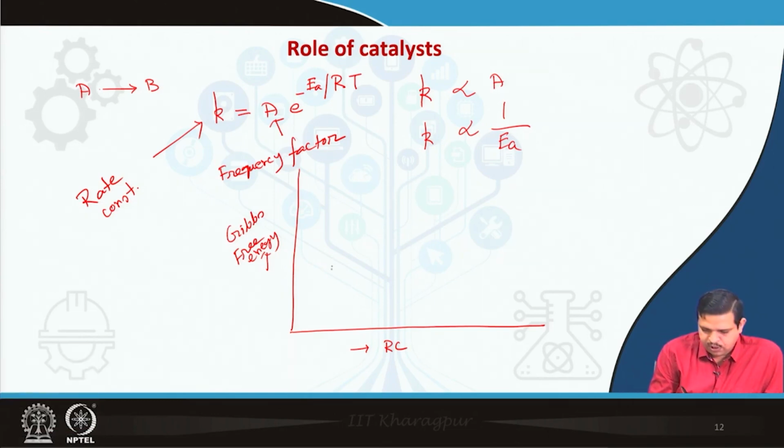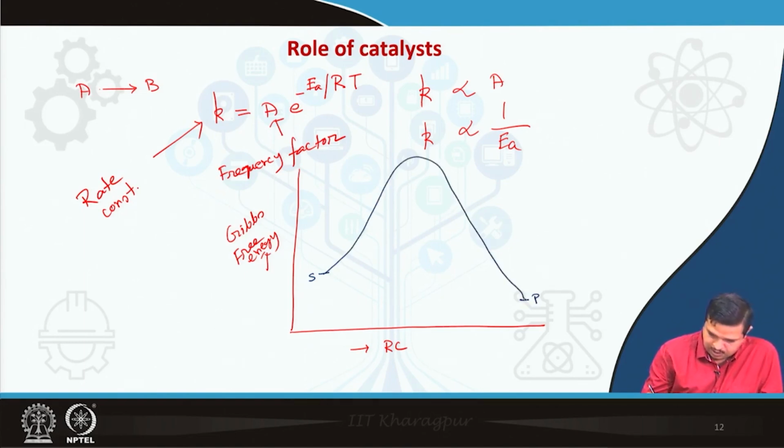So, suppose this is my substrate, okay, and this is my, let us say, product, and how the reaction goes like this one, okay, and this is my activation energy. And what is this? This is the transition state. So, this black is uncatalyzed.